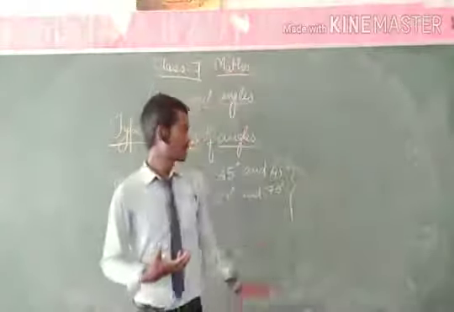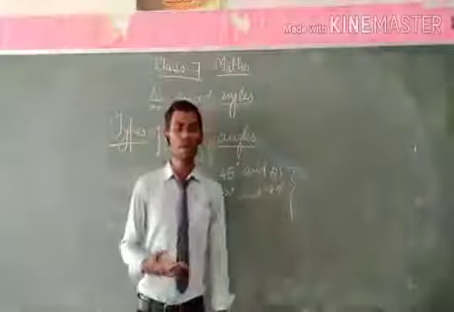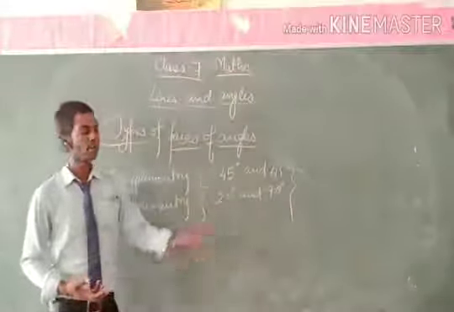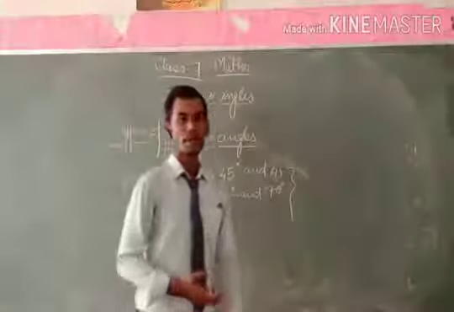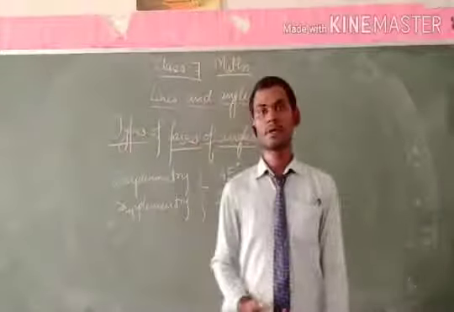That means if the sum of these two measures is 90 degrees, then these two angles are known as complementary angles.